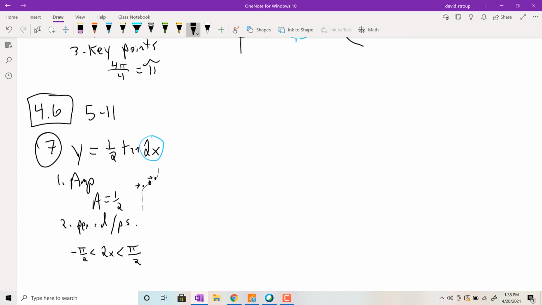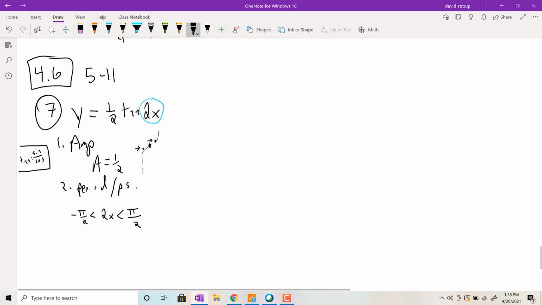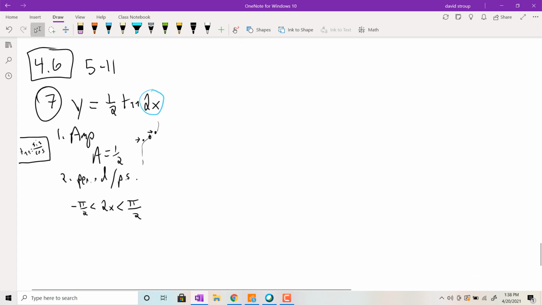And there's asymptotes there because tan is really equal to sine over cosine, and cosine is equal to 0 at pi over 2 and negative pi over 2. Okay? So there'll be division by 0. In other words, there'll be asymptotes there.